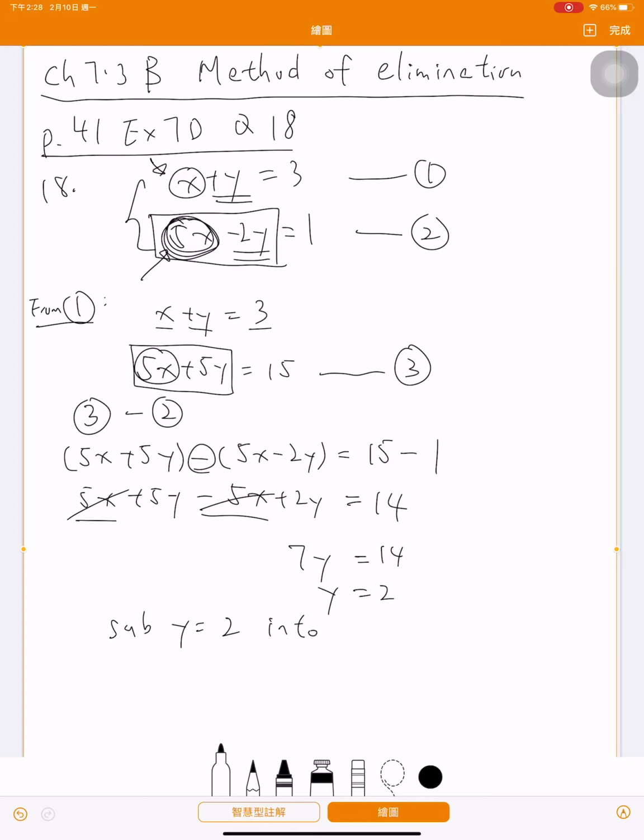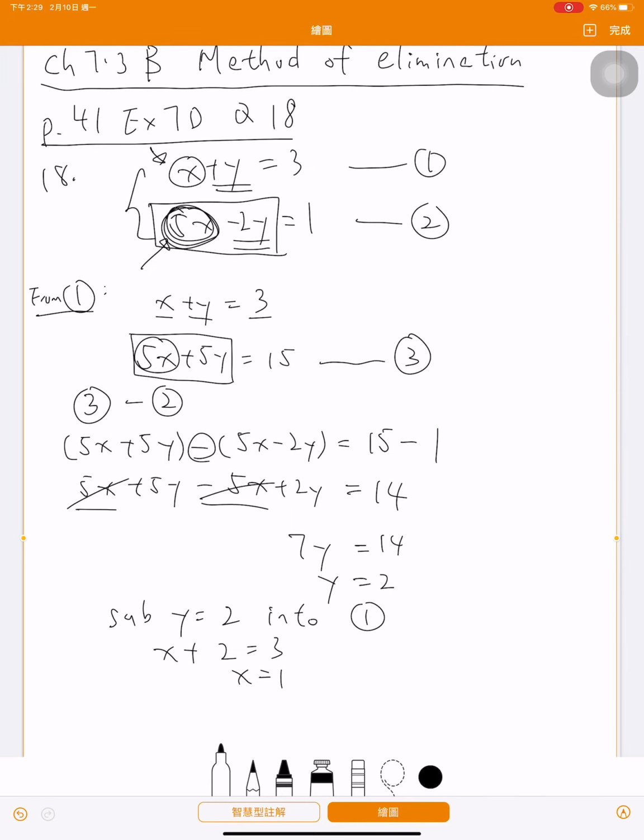For example, substitute into equation 1, this one is simplest. x plus 2 is 3, so x is equal to 1. So write down the solution. The solution is x is equal to 1 and y is equal to 2, and then we are finished.